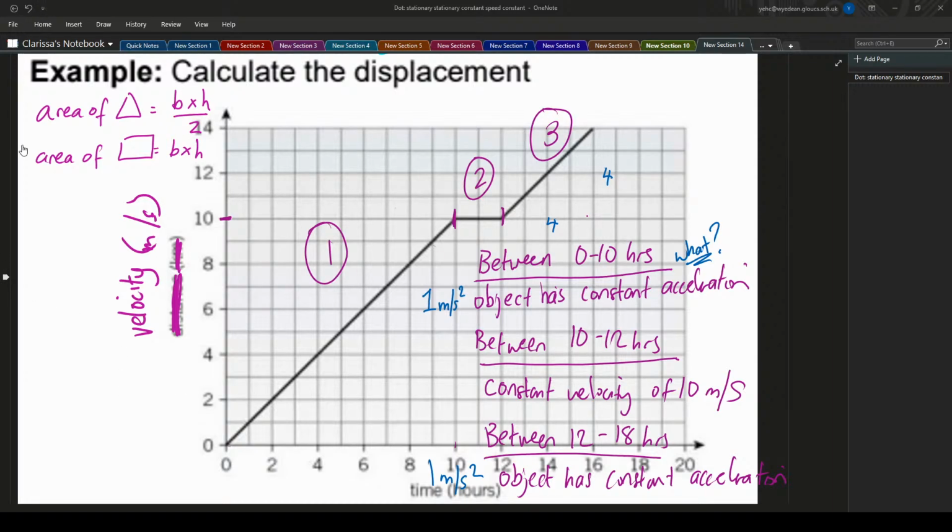Right, so on the left-hand side, we have a worksheet for you guys to have a go at, to feel some confidence on. And on the right-hand side is a PowerPoint, just with some quick recap of notes. But the answers to that worksheet are at the bottom of the PowerPoint.